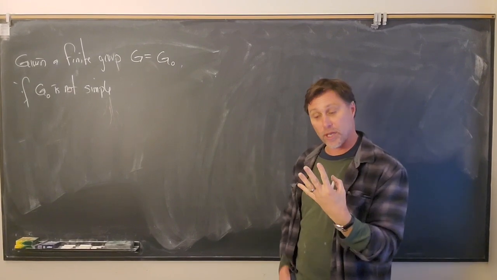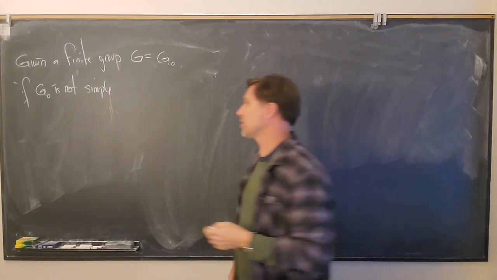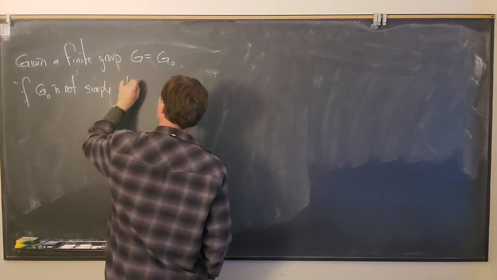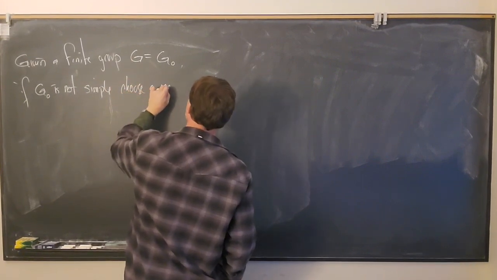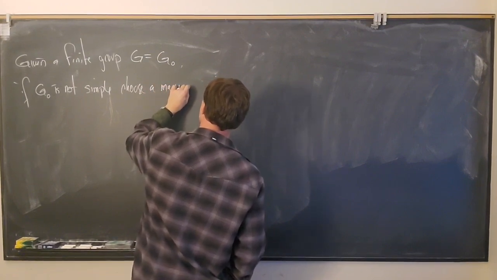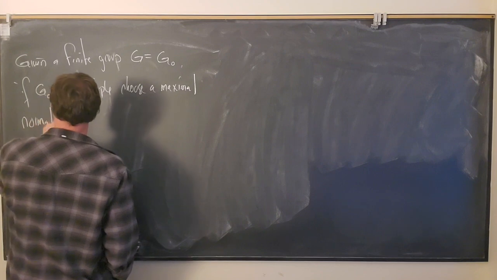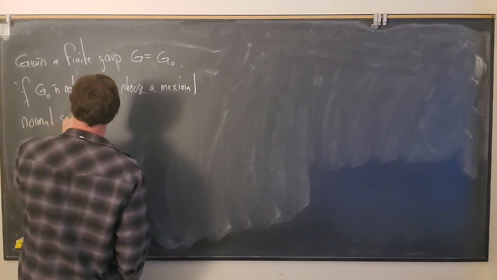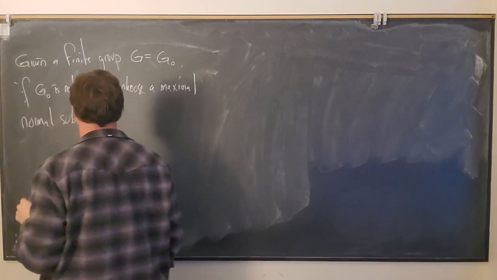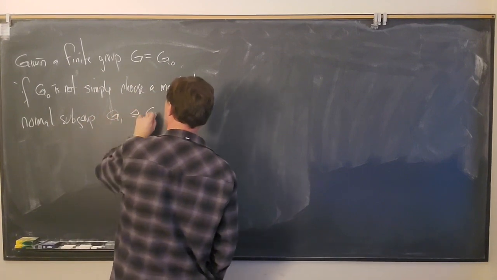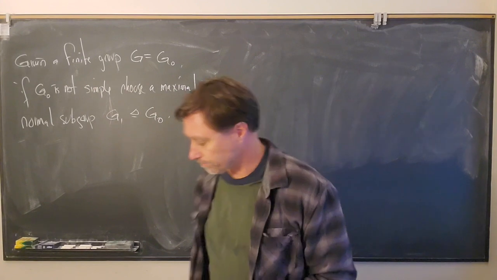And so in particular, we can choose a maximal normal subgroup. So if G0 is not simple, choose a maximal normal subgroup. Let's call it G1. So G1 is a normal subgroup of G0.